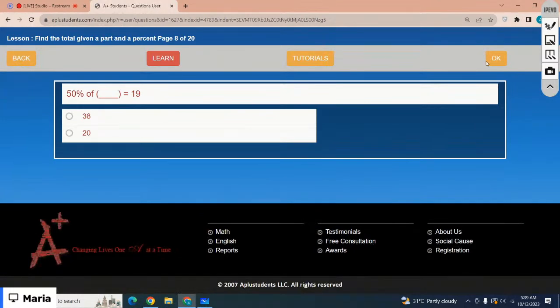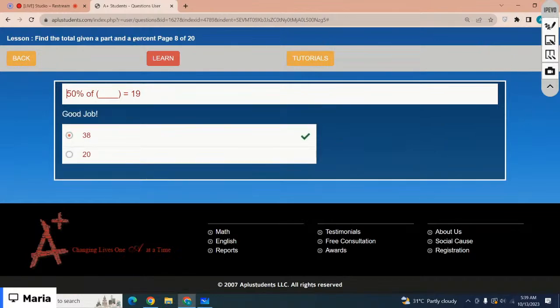Which is the correct option? 50% of 38 is 19. Got it? Okay, you can complete the lesson by yourself later today.